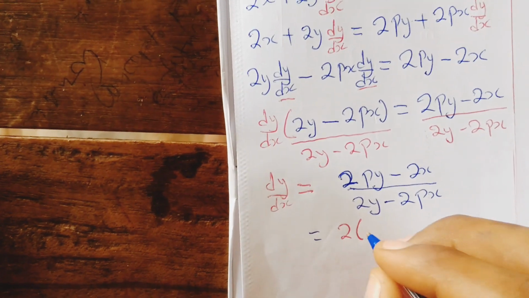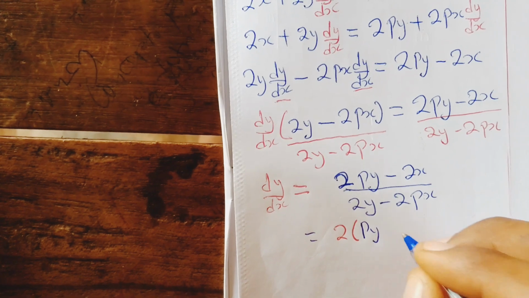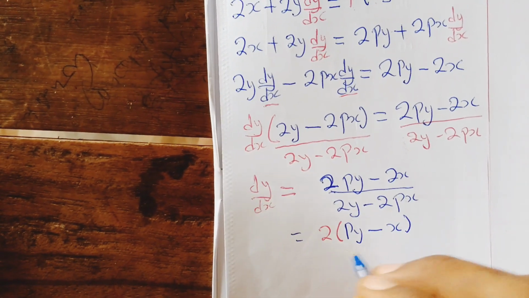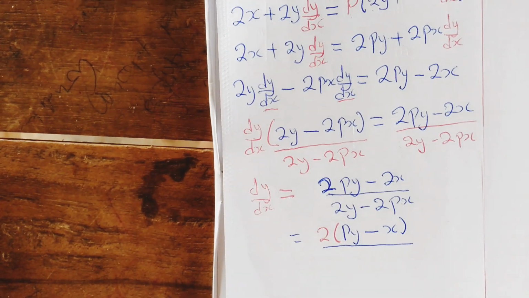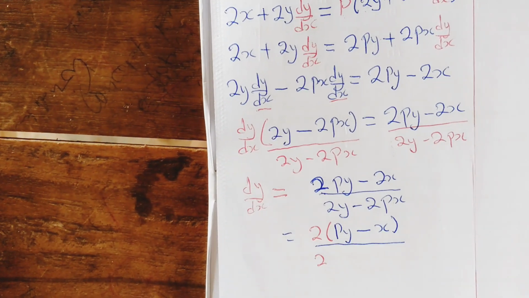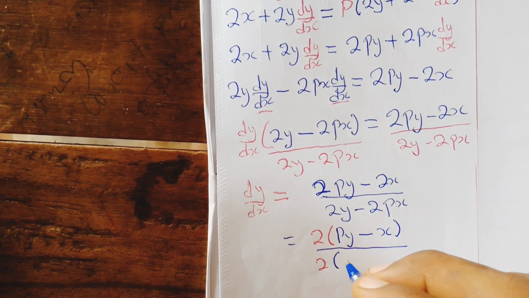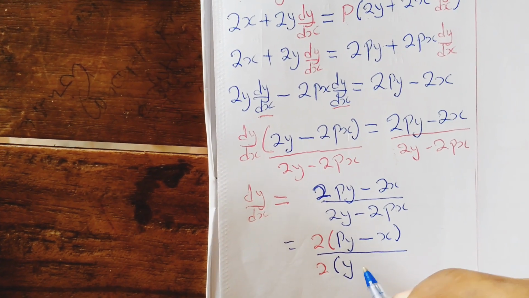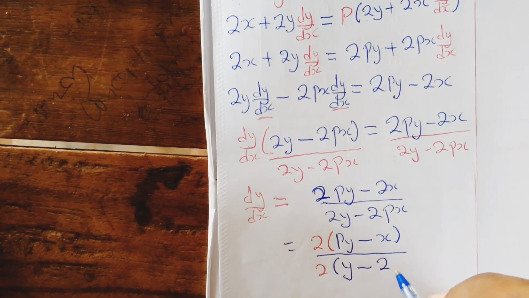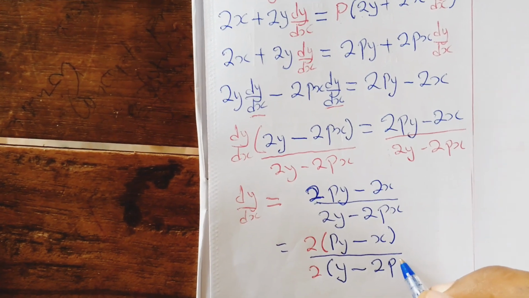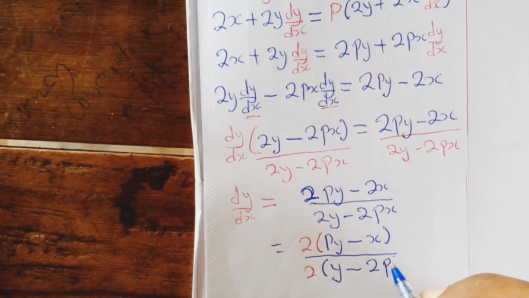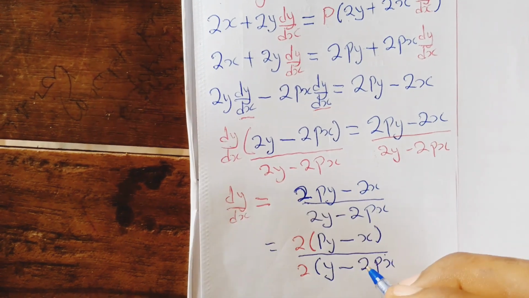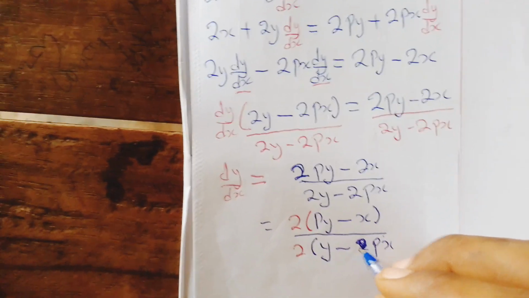I am left with py minus x. Let me factor 2 out at the denominator too. I am left with y minus px.